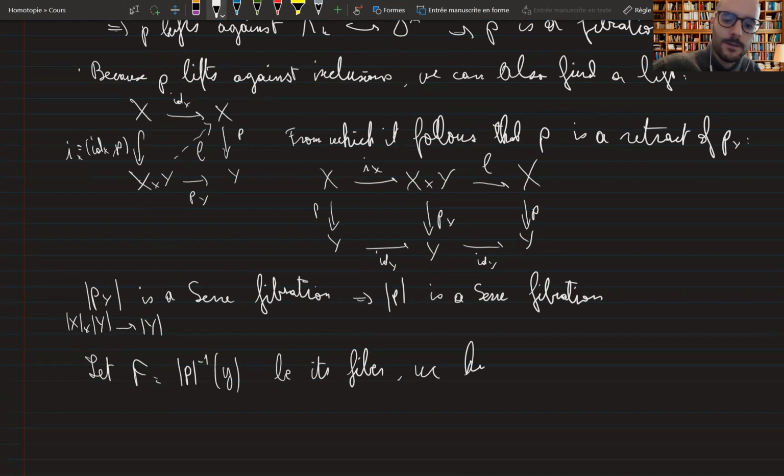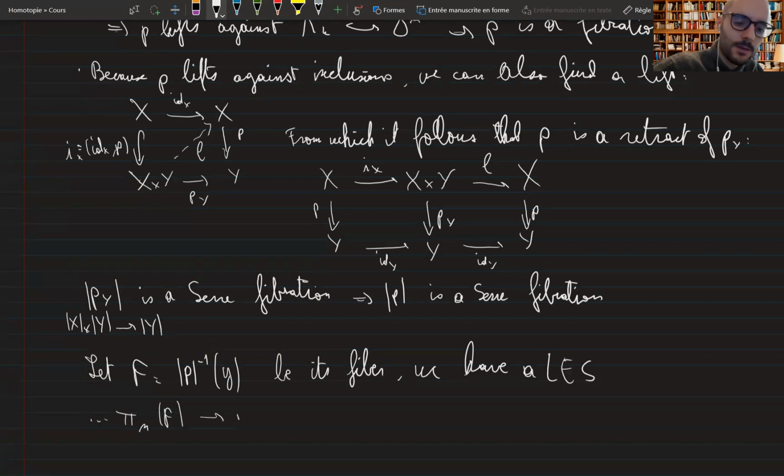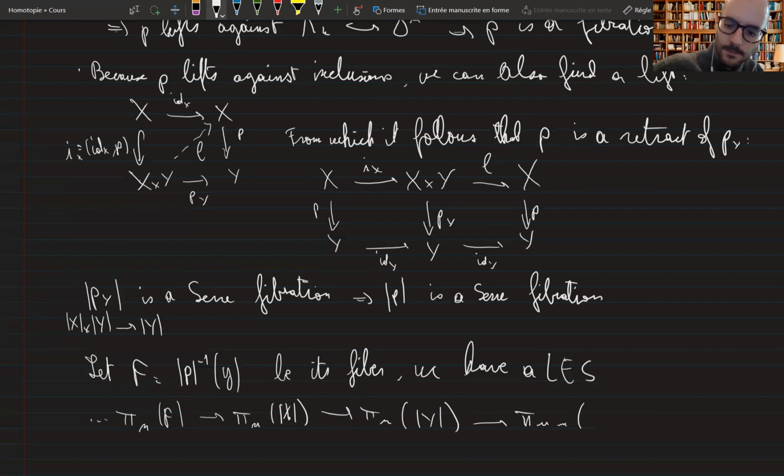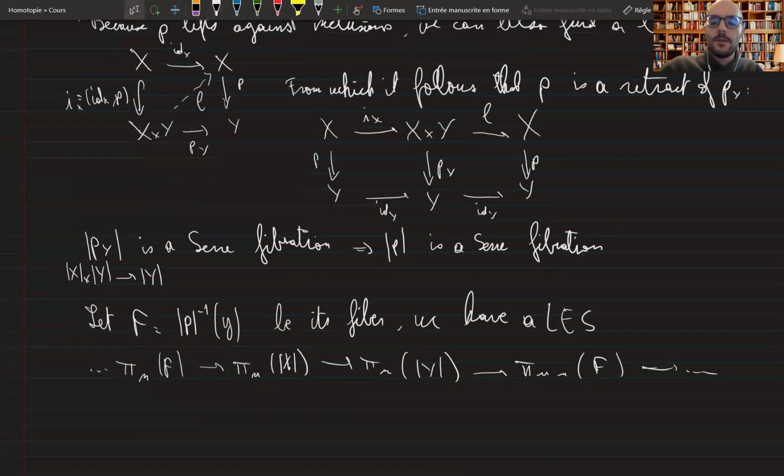We have a long exact sequence which goes like this: pi n of F, pi n of X, sorry, pi n of the geometric realization of X, and so on. So if we manage to prove that these are all 0, then of course this map will be an isomorphism. So we are good to go.